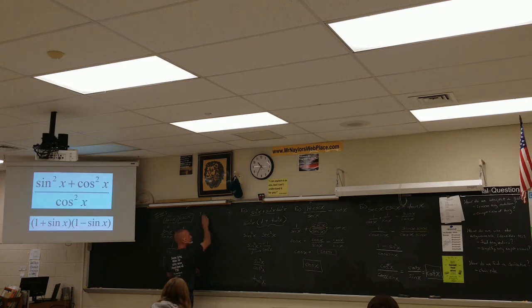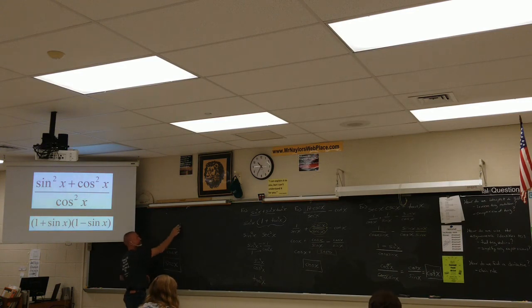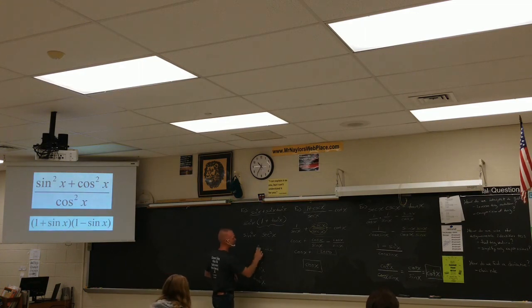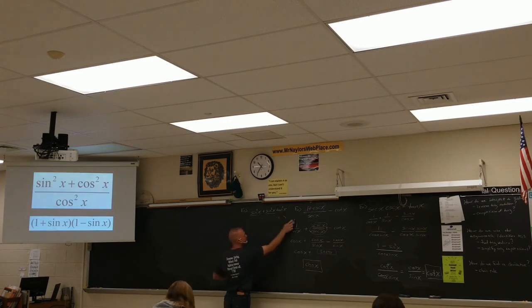One thing I'll share about the first one. Be careful. Some of you were a little quick to cancel the cosine squareds. Now, you're allowed to cancel the cosine squareds, but you have to also, do you know what I'm going to say?